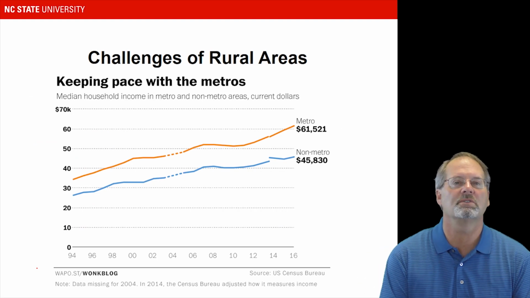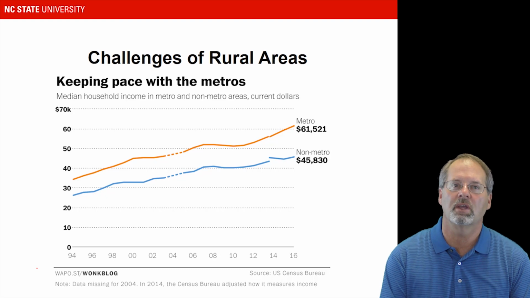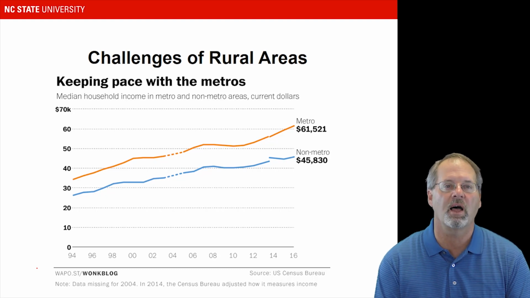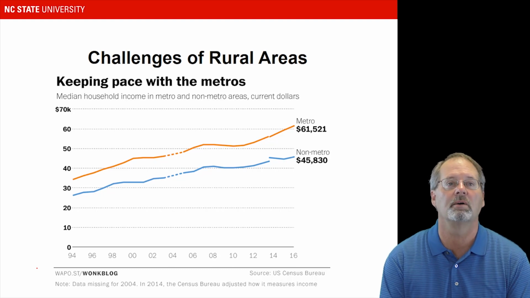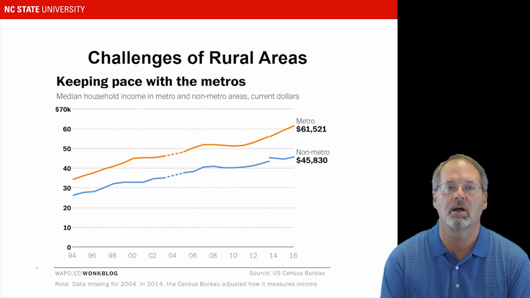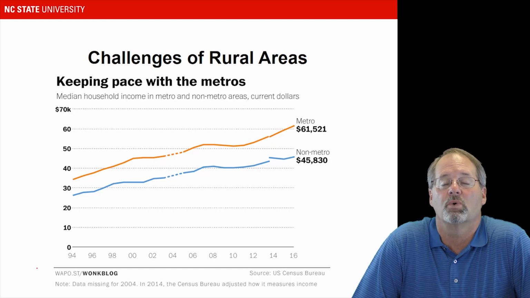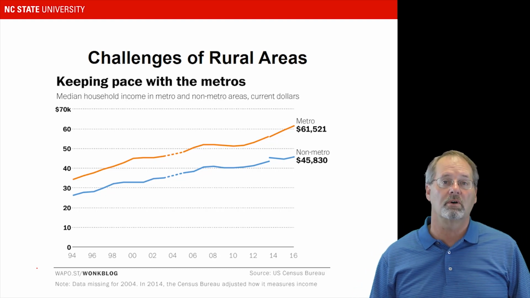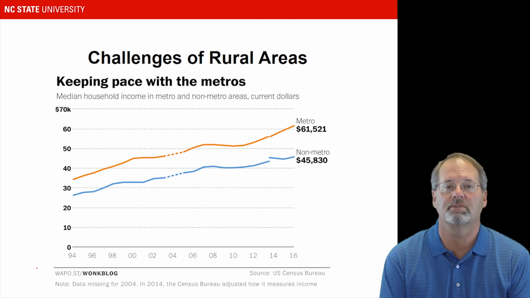Okay, and then we also can see some data about incomes. Incomes are important in people's lives, and people make decisions about where they're going to live and where they're going to work based on their potential income. This graph shows that metro incomes around 2016 are around 61,000, whereas non-metro or rural income averages about 45,000 or so.